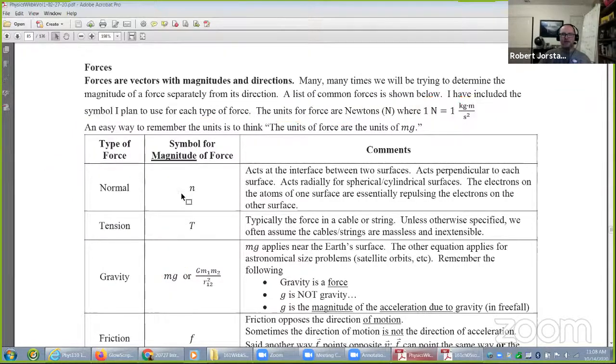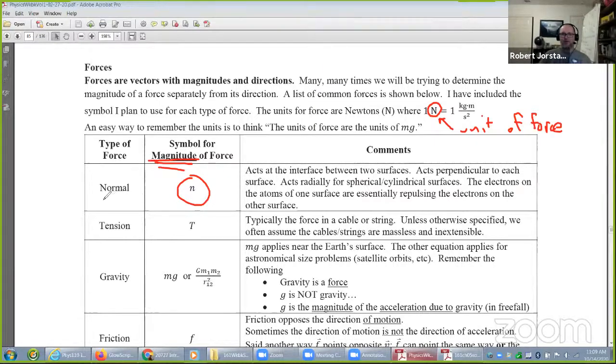Now notice something subtle here, and I do this because the fewer subscripts I have to write, the faster I can write my notes. The unit of force, a Newton, is a capital N. And then this lowercase n is the magnitude of the normal force.